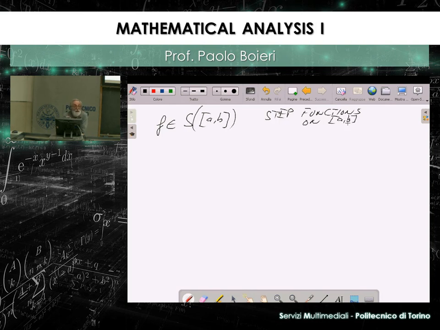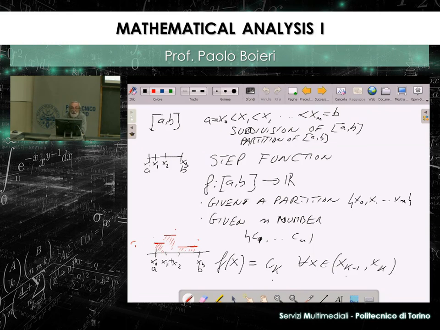Then, definition. I will call the integral over AB of a step function f simply what is written here. What is this? It is a product. The areas of these rectangles are these numbers c1, c2, c3, each multiplied by the length of its interval.